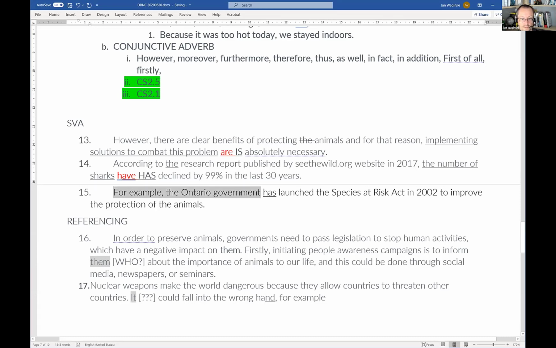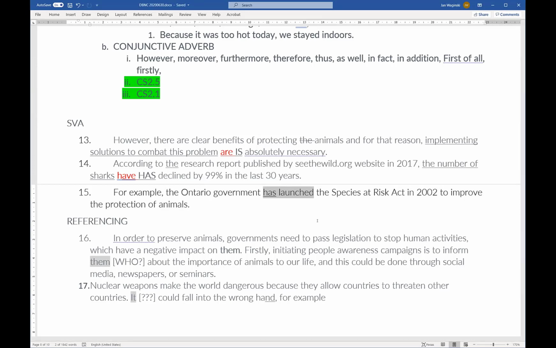For example, the Ontario government has launched the Species at Risk Act in 2002 to improve the protection of the animals. Okay. What's the problem here? I think when we use present perfect, no need to put in years, like a specific time.